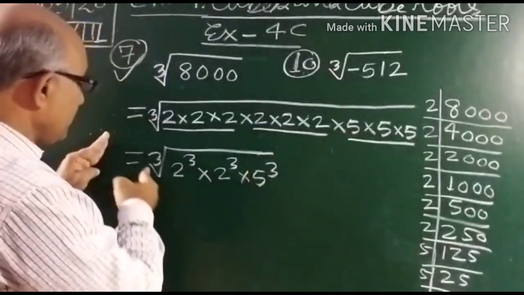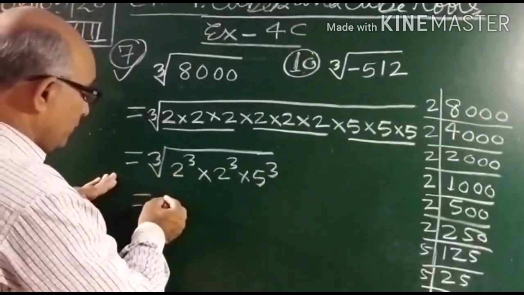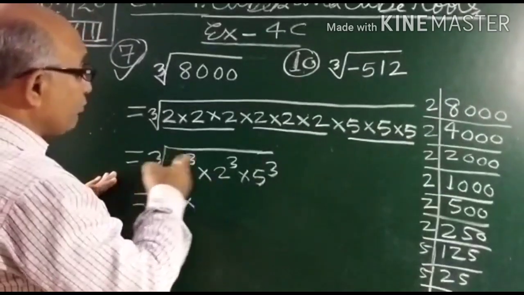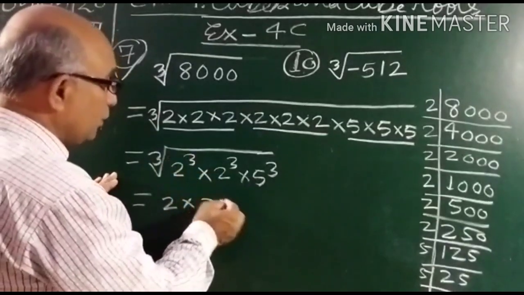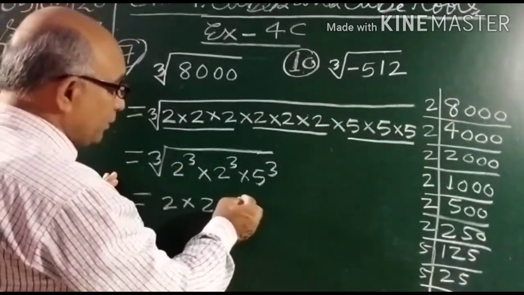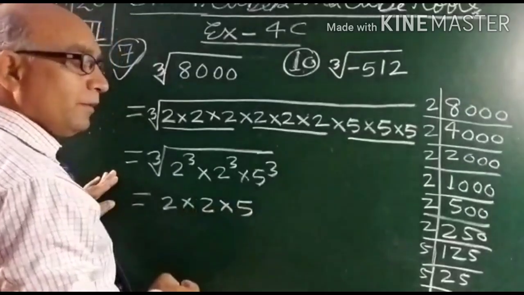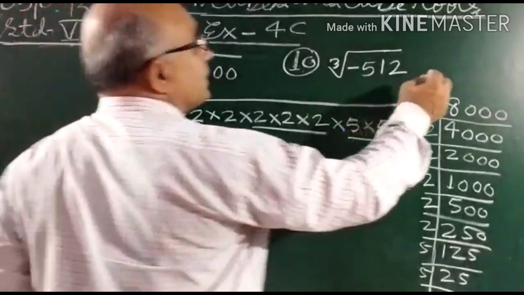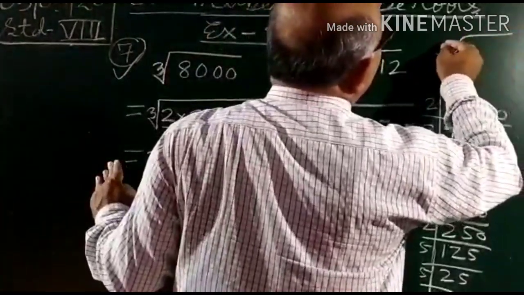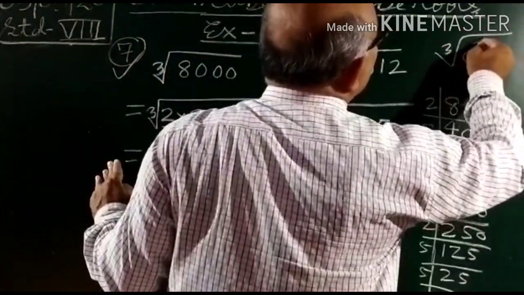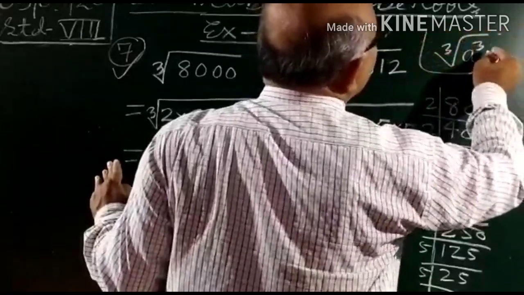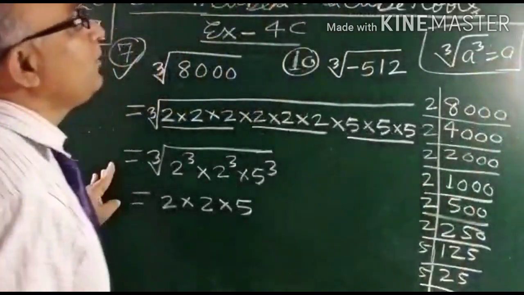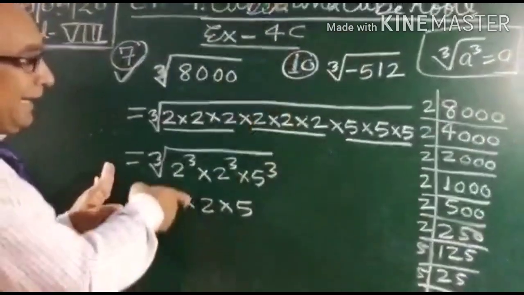So cube root of 2 cube equals 2, and cube root of 5 cube is 5, because we know that cube root of a cube equals a.